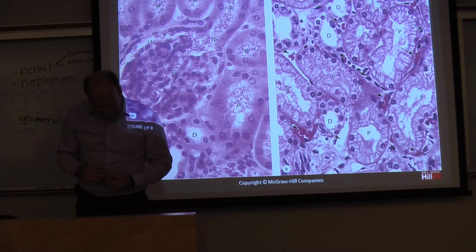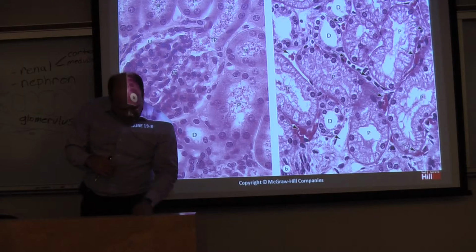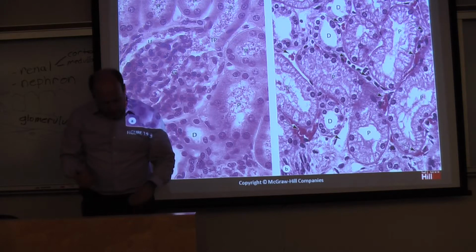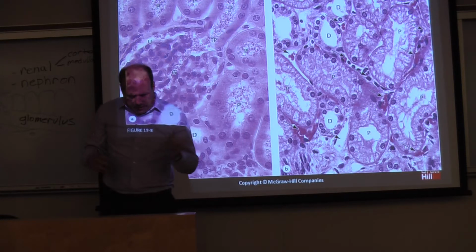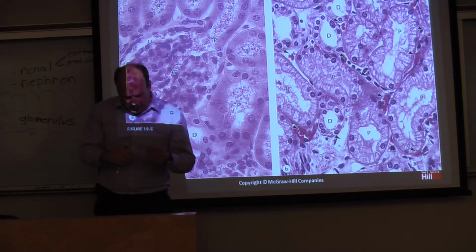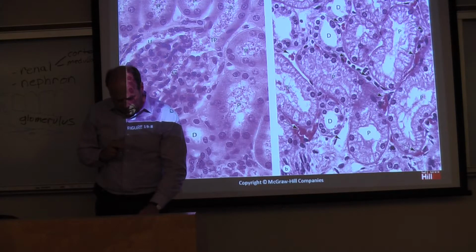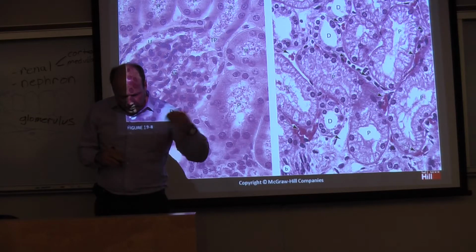The proximal convoluted tubule was the one right after the renal corpuscle, which has the glomerulus in it, and the distal is the part coming out after it's gone through all the different plumbing with the nephron loop, the loop of Henle, and it's coming back out.